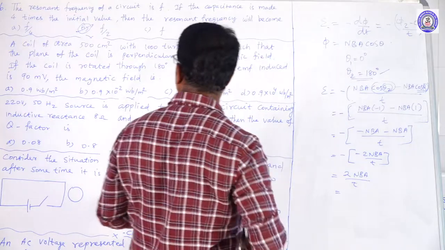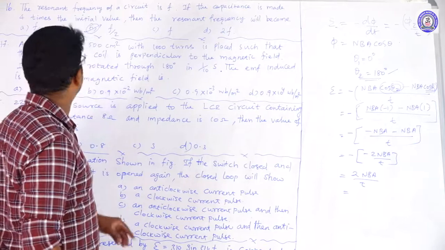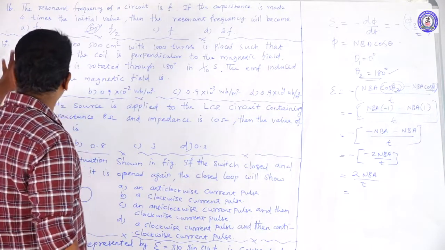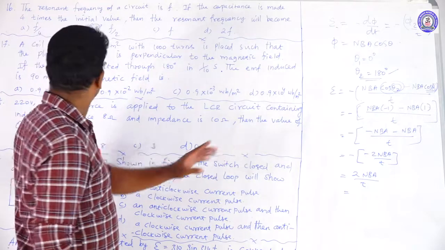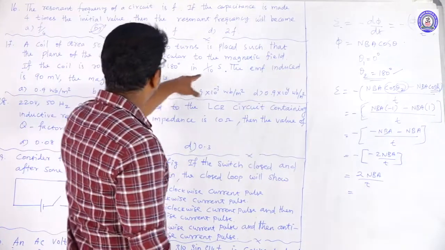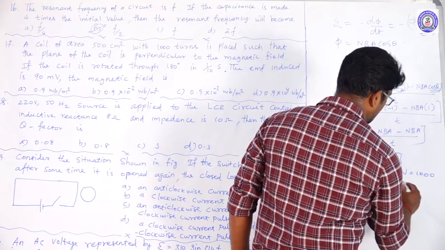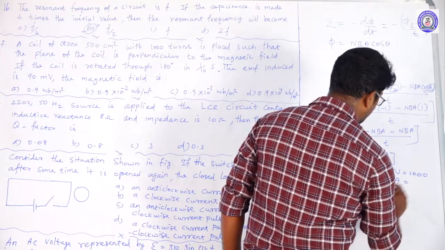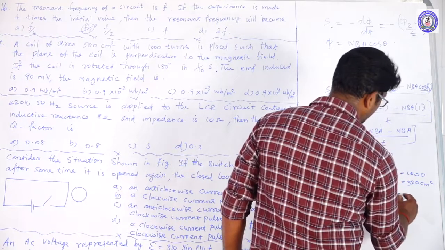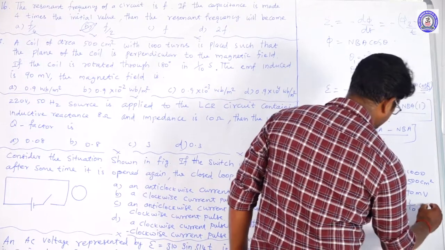Now substitute the given values. The number of turns is 1000, the magnetic field value we want to calculate, the EMF induced in the coil is 90 millivolt, the area of the coil is 500 centimeter square, and the time is 1 by 10 seconds.